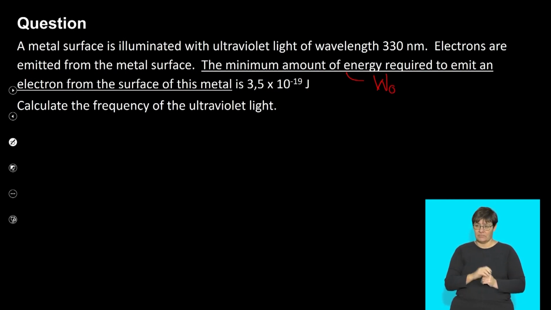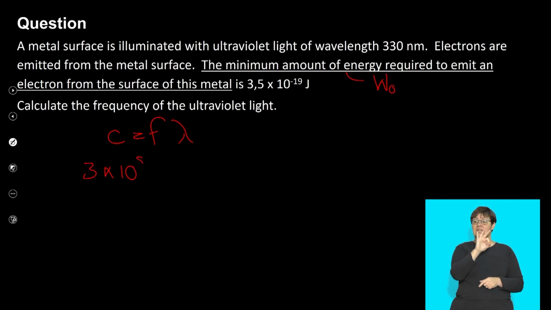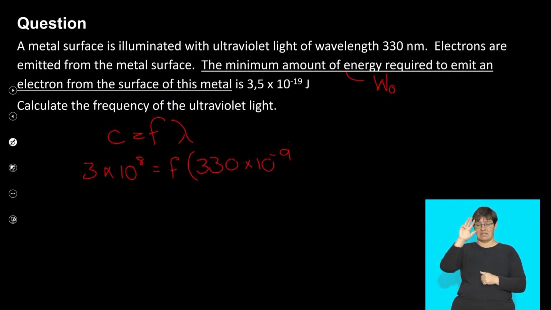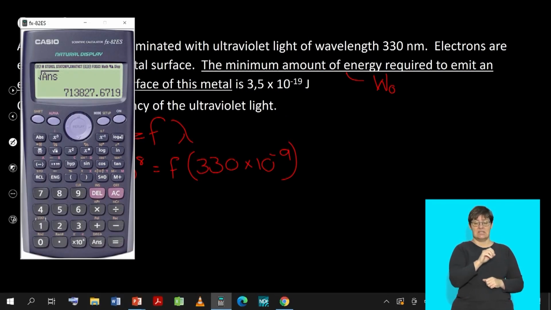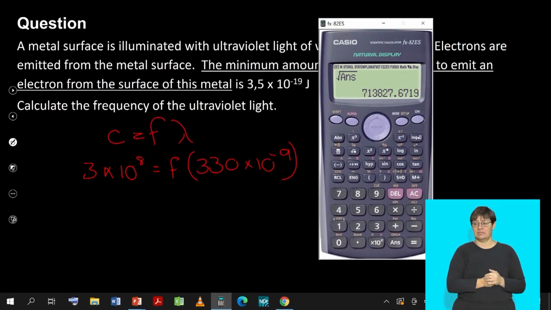First thing they want is the frequency, so c equals f lambda. c is 3 times 10 to the 8. We've just done the conversion, so 330 times 10 to the minus 9. We're going to divide by 330 times 10 to the minus 9 on both sides. Let's do it here so you can still see the question.